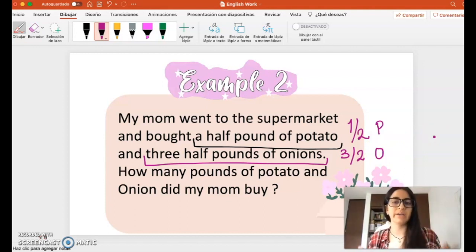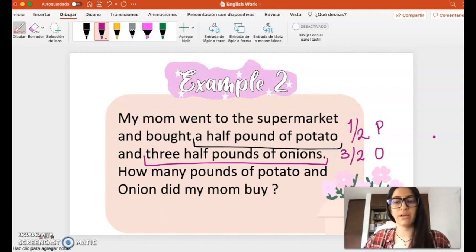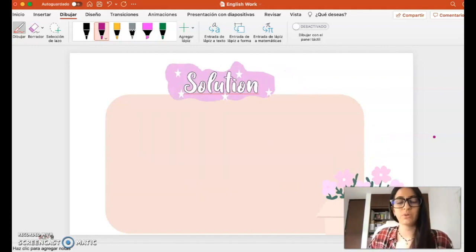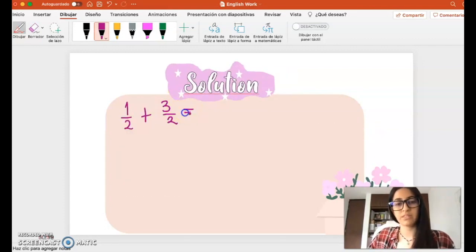So we had to make an add. But in this case, we have a fraction. So we had a half plus 3 half. Don't forget that when we have the same number in the denominator, we write the same number, like 2 in 2.